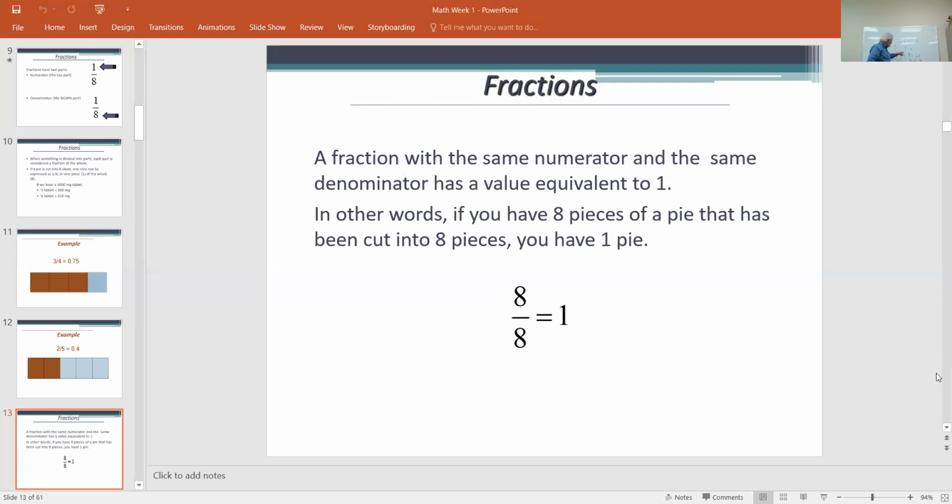Now, as I said before, we're going to multiply next. Multiplying fractions is easy. You simply multiply. If we want 2/5 times 5/8, we simply multiply numerator times numerator and denominator times denominator.